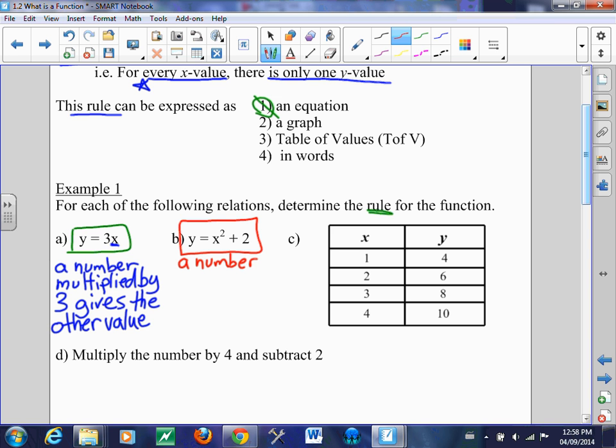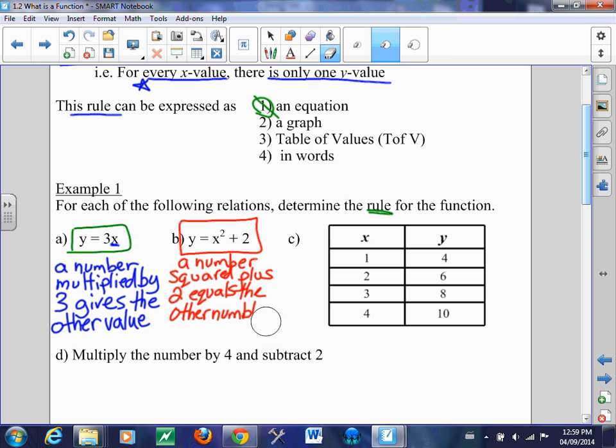So a number squared plus 2, you've got to add 2 onto it, equals or gives the other number. Oopsie, spelling mistake. Thanks for bearing with me. Okay, so that's one way to express a rule.